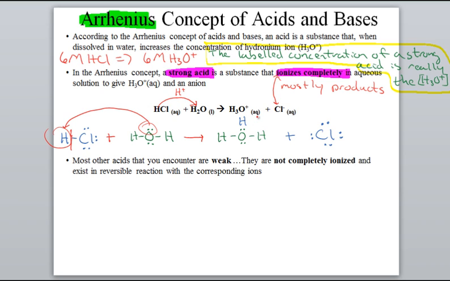So we form the hydronium ion. It goes from neutral water, gains an H, but it also gains a positive charge. HCl was neutral. It lost an H, it lost a positive charge, so it's negative, and we have chloride. Chloride has one more electron than proton. The hydronium ion has one extra proton compared to how many electrons it has.